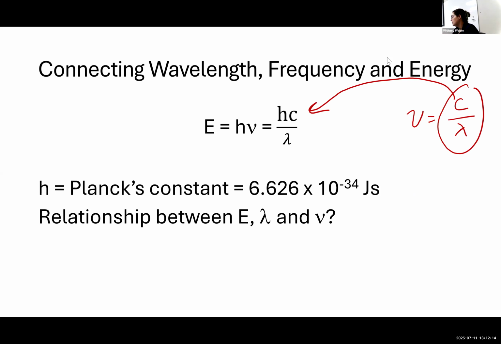See the way that this unit is written, joule seconds, you can also write that as joules times seconds. They don't have it as seconds to the -1, so it's all in the numerator. Okay, let's compare. Let's focus on E equals hv. Energy to frequency. Are they proportional or inversely proportional?